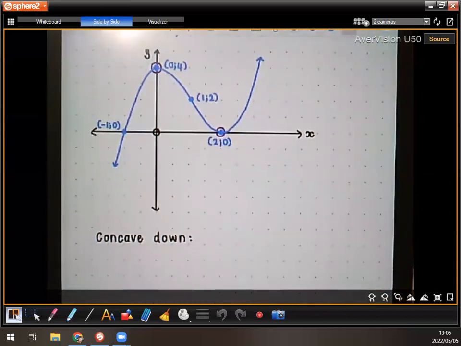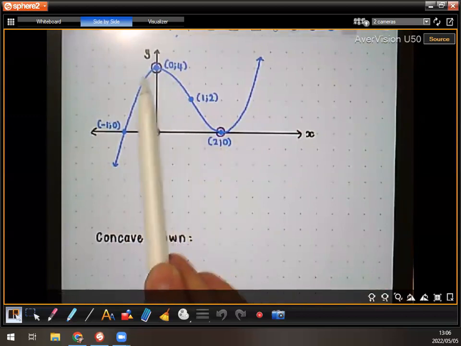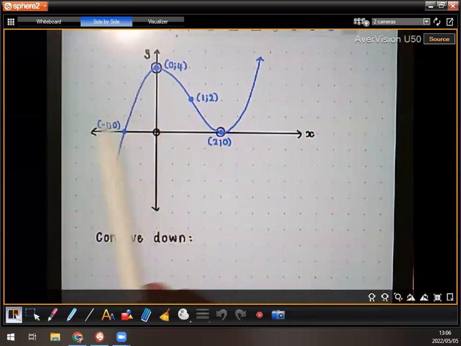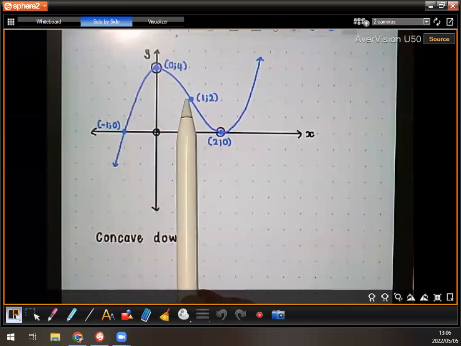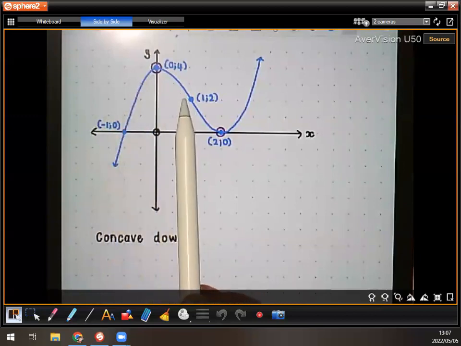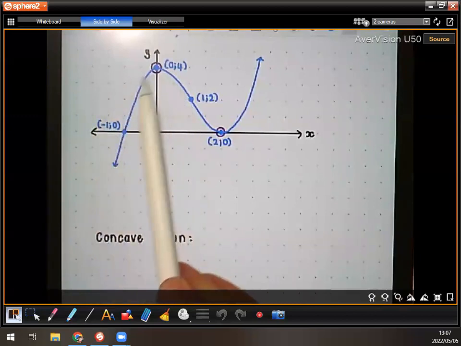Concave down is like a downward facing parabola, right? So that is now the section of the cubic graph that is on the left of your point of inflection. So how are we going to express that it's this part of the cubic graph? We're going to have to say where x is less than 1.